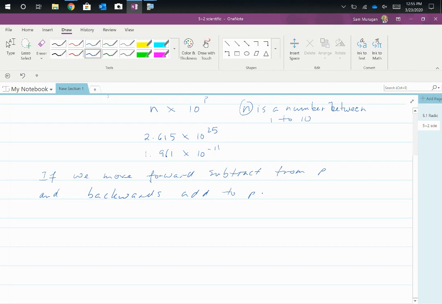So for example, if I've got 26.15 times 10 to the power 24, because 26.15 is not a number between 1 to 10, we have to convert this to scientific notation by moving the decimal point 1 backwards.